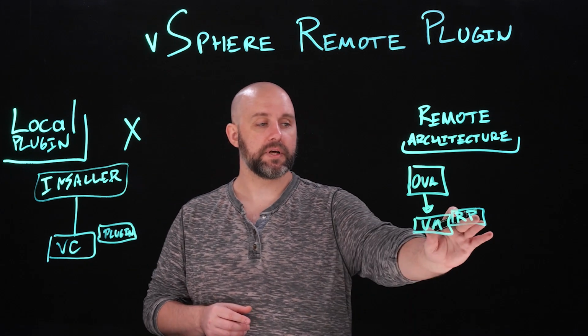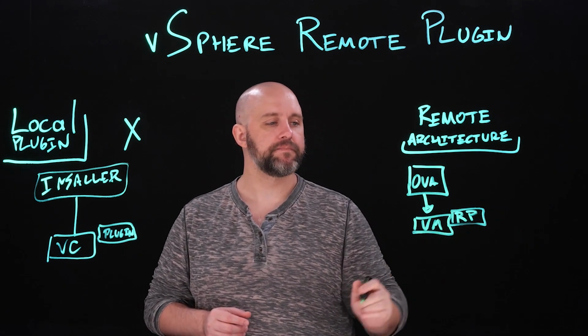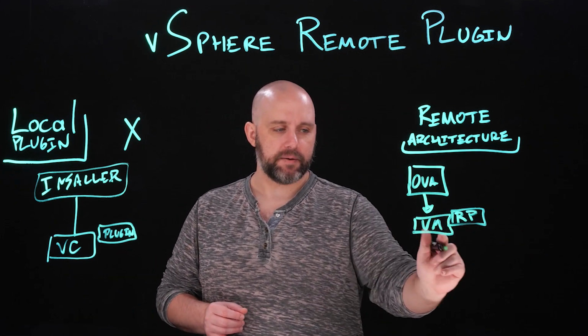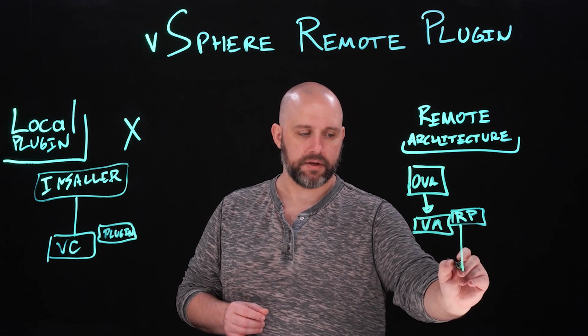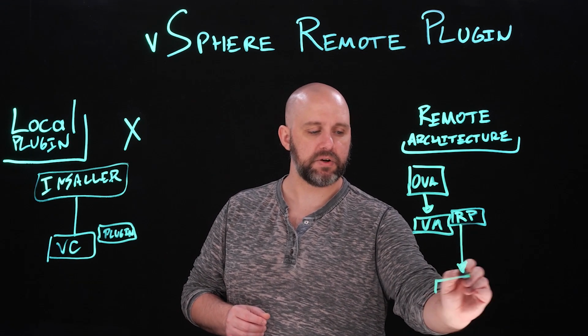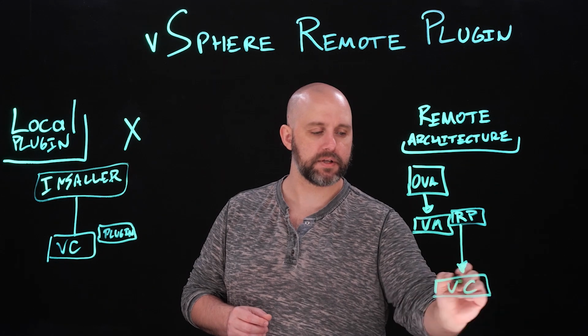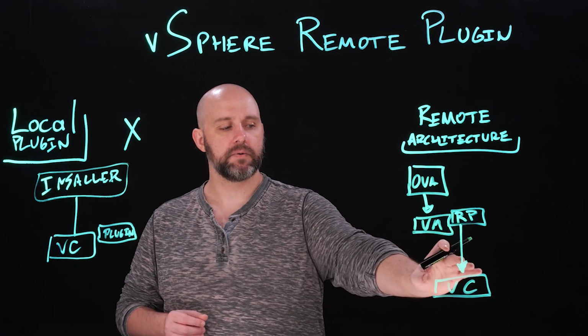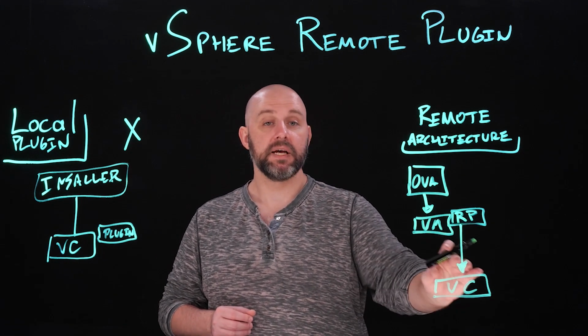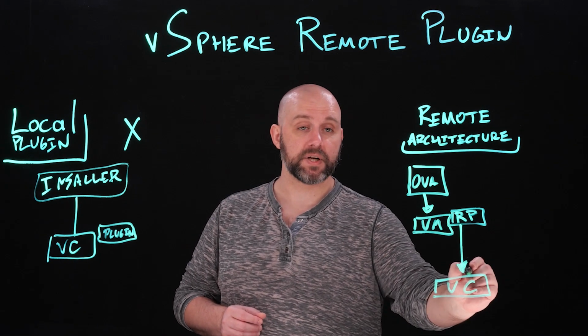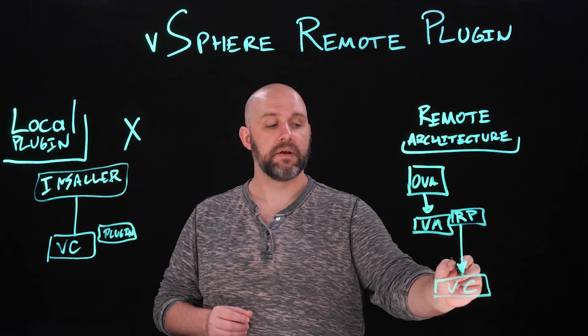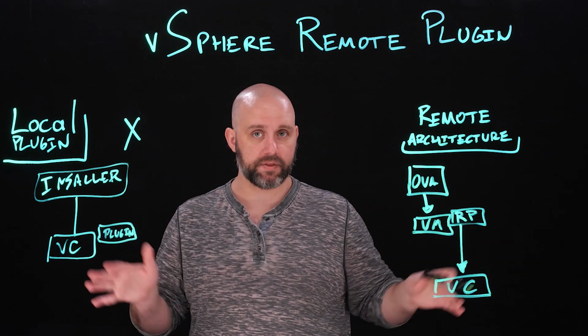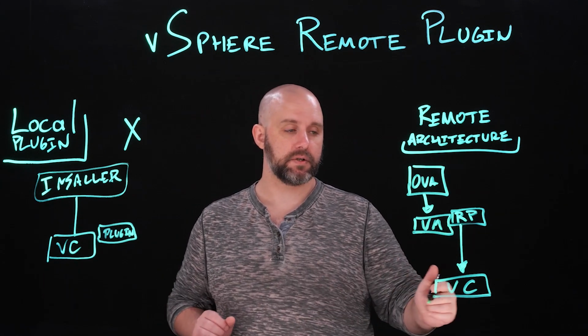So now this remote plugin is running within the VM, and from the VM, you would need to be able to communicate to the vCenter you want to register with. And so the remote plugin would communicate to the vCenter. It wouldn't install anything, rather it just registers its extensions. And vCenter communicates back, yep, you're authenticated, you're registered, everything's good to go.